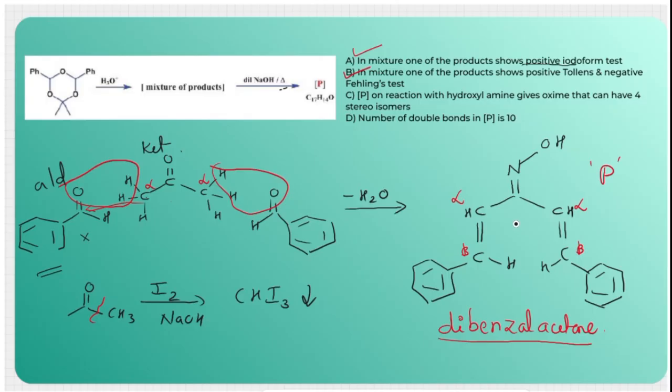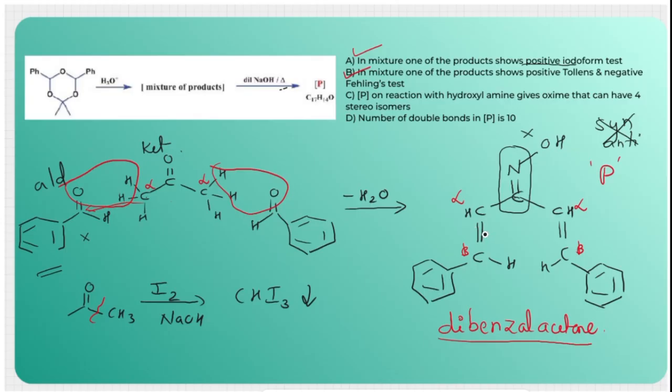Just look for the double bonds which can exhibit cis trans isomerism. Look at this hydroxylamine part. The carbon here is attached to the same groups. That means this double bond will not exhibit any geometrical isomerism. That means syn and anti isomerism is not possible because it is attached to the same groups.